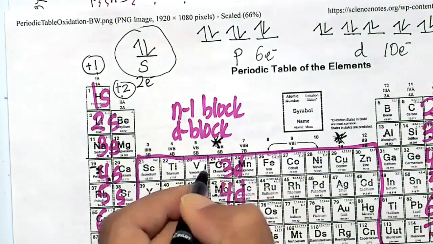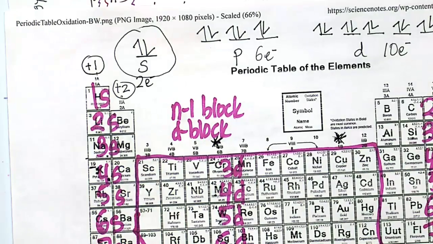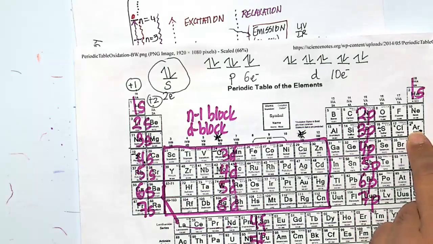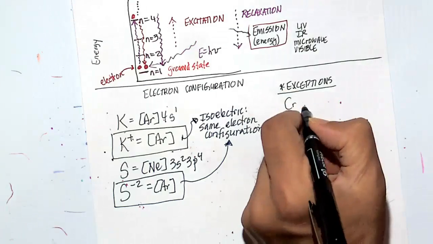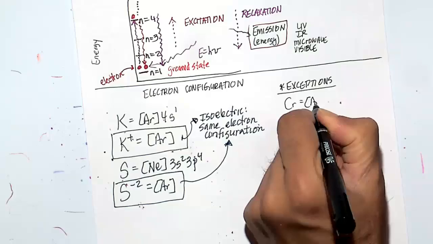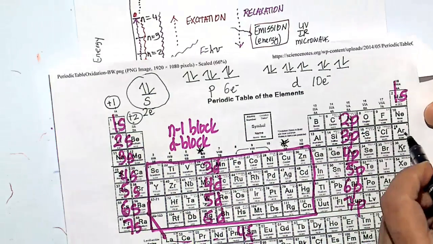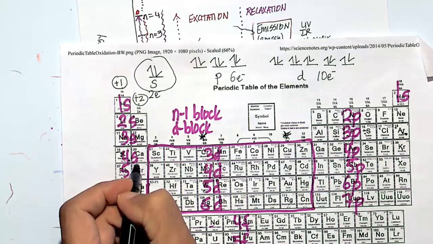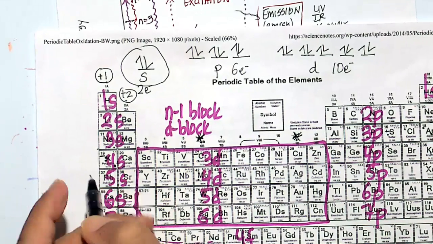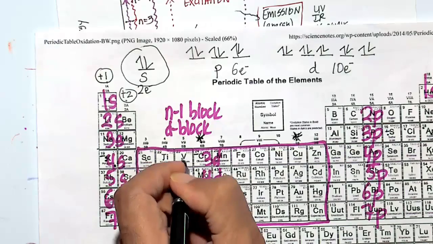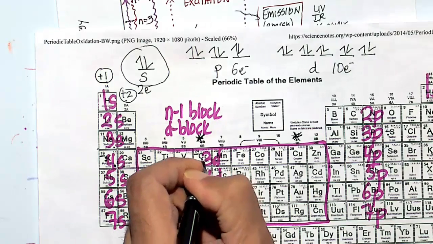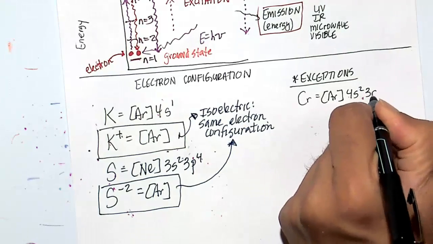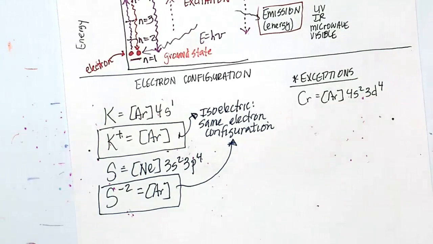Chromium has 24 electrons. So 24 electrons will fill 18 with argon. That's 18 from argon. And then it's going to be 4s2, 3d1, 3d2, 3d3, 3d4. But this is not the electron configuration that's correct for chromium.